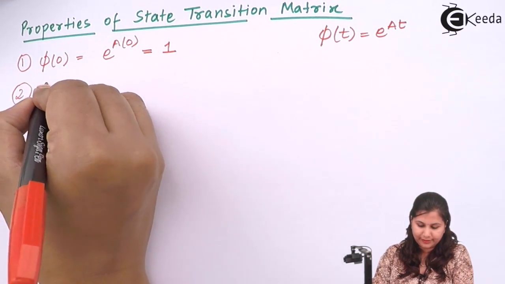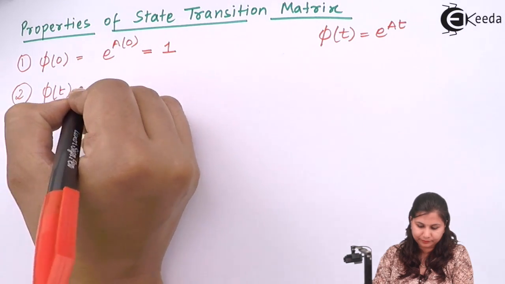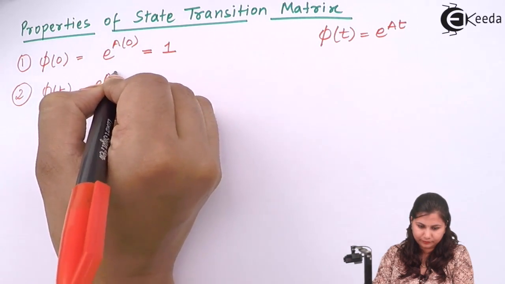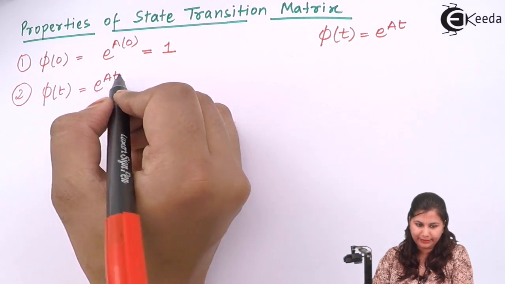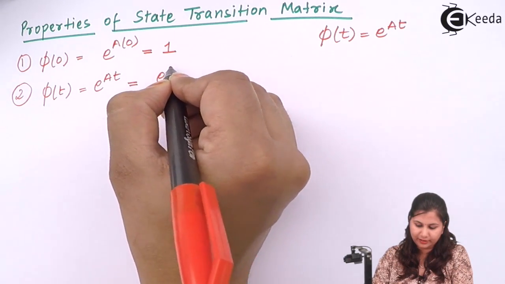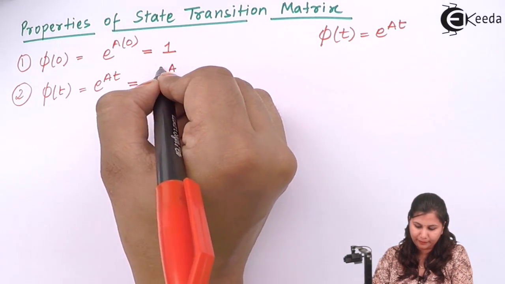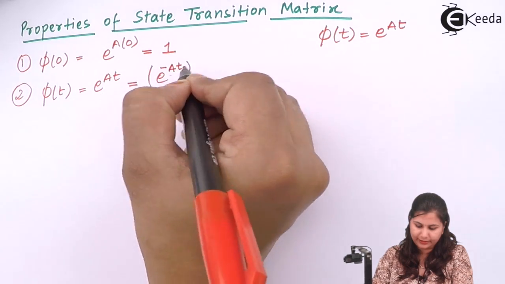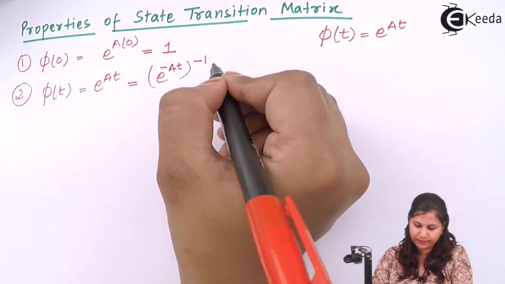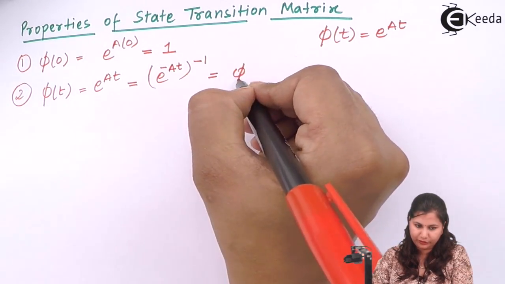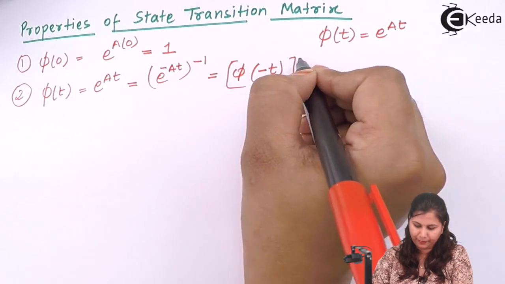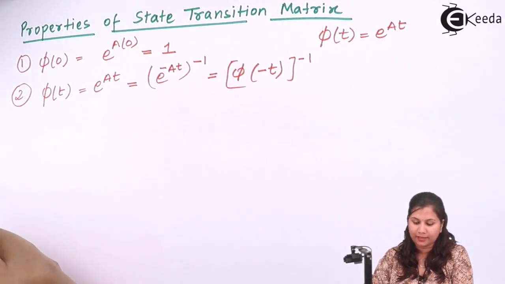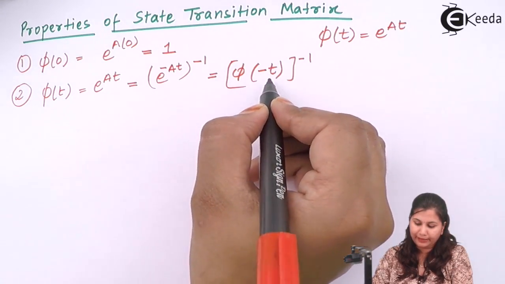The second property is this. We know that phi of t is e raised to the power At. Now if we take e raised to the power minus At and calculate its inverse, it will be equivalent to this, because what is phi of minus t?